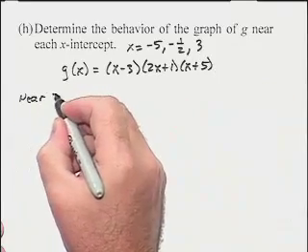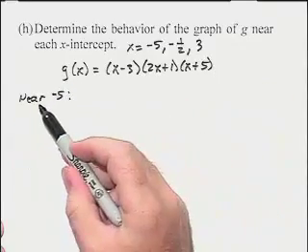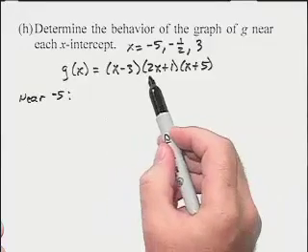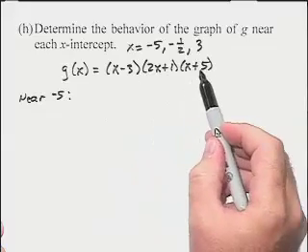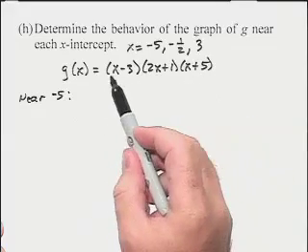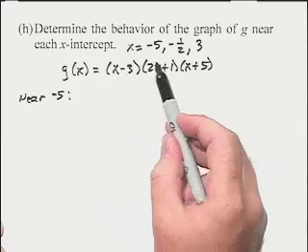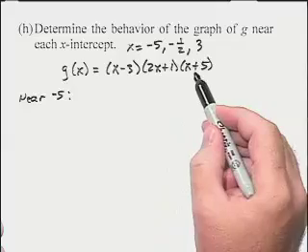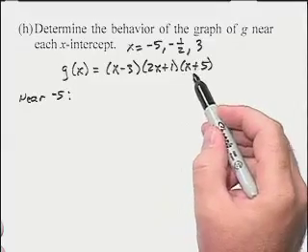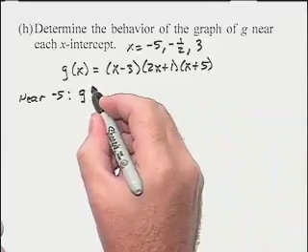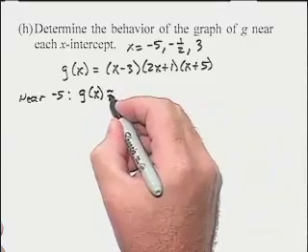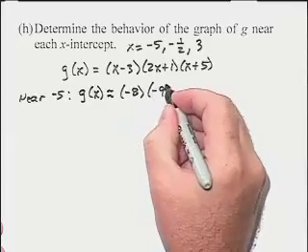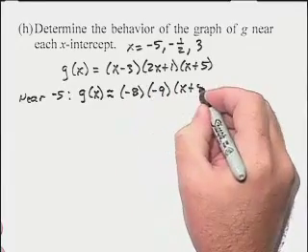We'll start with negative 5. To find the behavior near negative 5, we're going to evaluate the function at negative 5 in each of the two factors except x plus 5. So in the first factor we'll let x equal negative 5, and in the second factor let x equal negative 5. But we're not going to evaluate this third factor at negative 5 because that would give us 0. So near negative 5, g of x is approximately negative 8 times negative 9 times x plus 5.